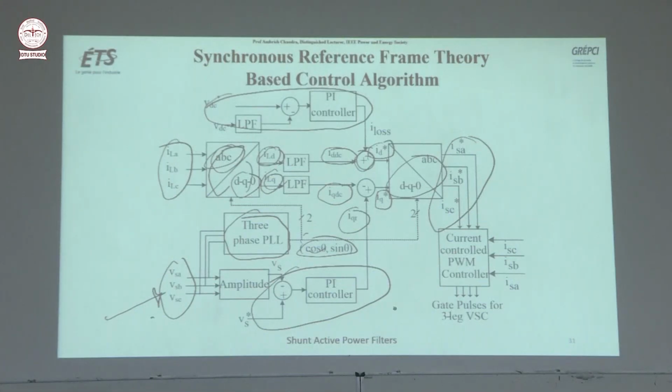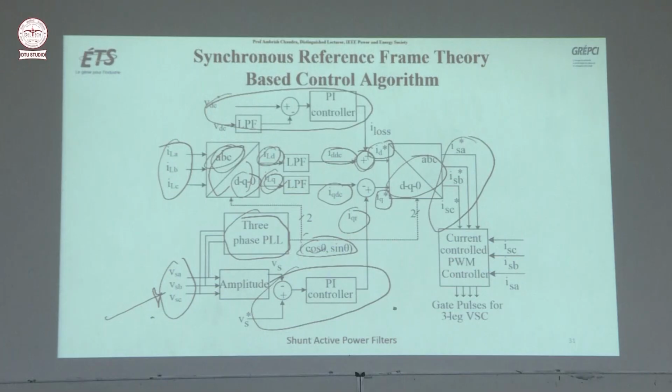There was some algorithm I saw that calculates the reference of the compensating currents. But that is more involved and more time consuming, so it is generally not preferred. Instead of calculating the reference of the compensating current, we calculate the reference of the supply current.